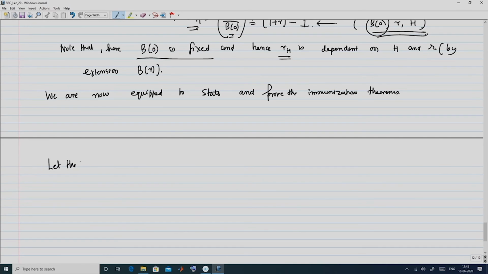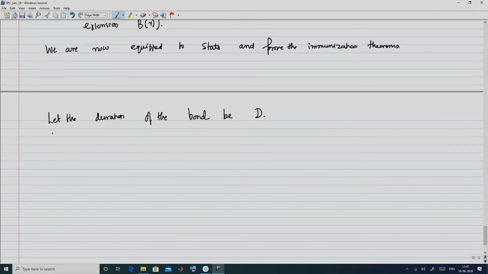So, let the duration of the bond be D, and this can be extended to a bond portfolio. Further, let the term structure of interest rates be horizontal, that is a straight line.